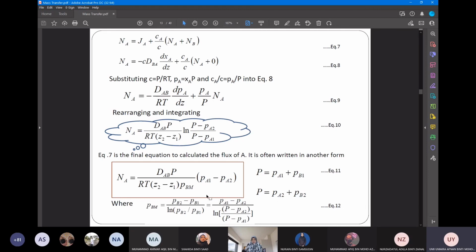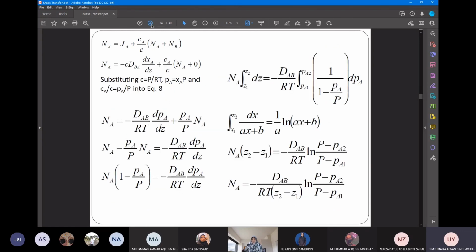Both can be used. But for equation 10, you have PA only. In equation 11, you have PA and PBM. So you need to know the total pressure and the partial pressure of A, together with PBM.